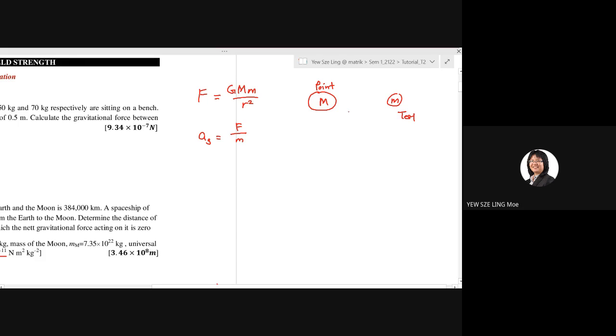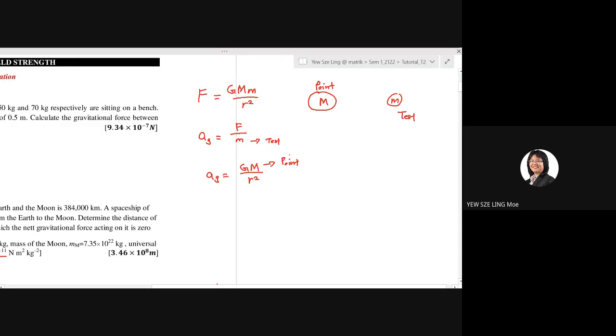Another reason why you have to know which one is test mass and which one is point mass: g equals F over m uses the test mass. But if you expand the equation, g at the same time equals GM over r squared, and now the M that you use is the point mass.